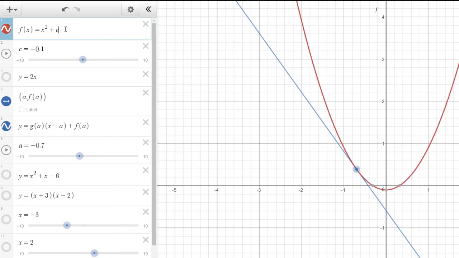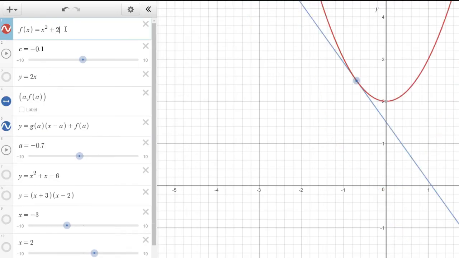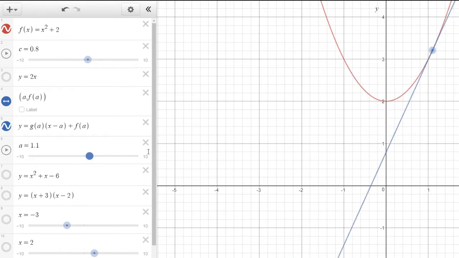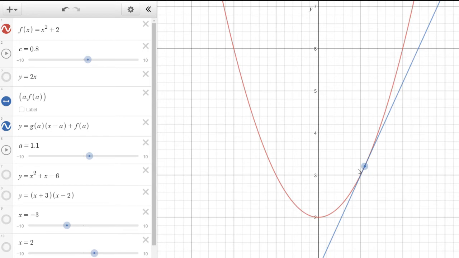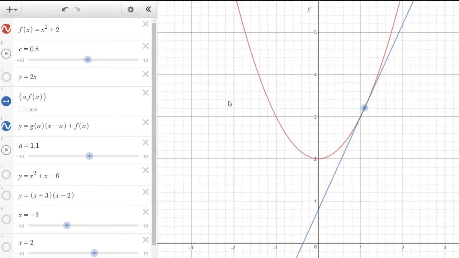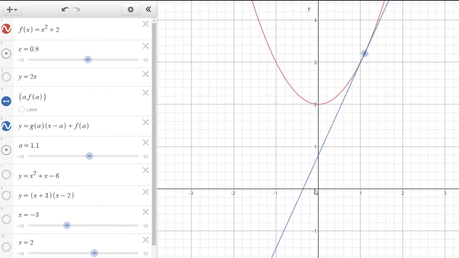If I had a value of 2 in there, all we're doing with the initial condition is ensuring that we have one value on that curve. Now it could be any value on the curve. It doesn't need to be a value whenever x equals 0 and y equals 2. It could be x equals 1 and y equals 3.